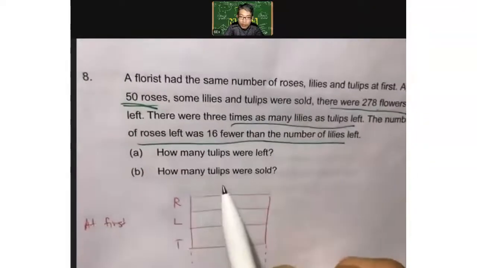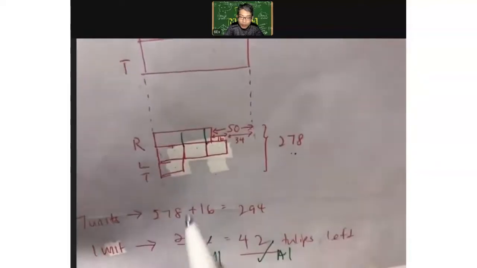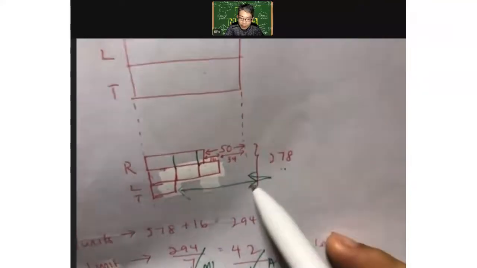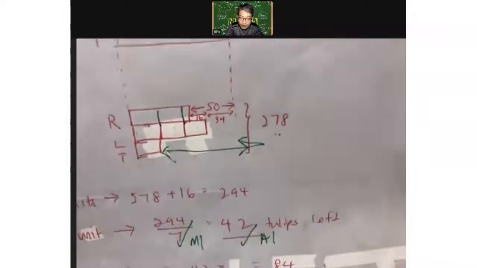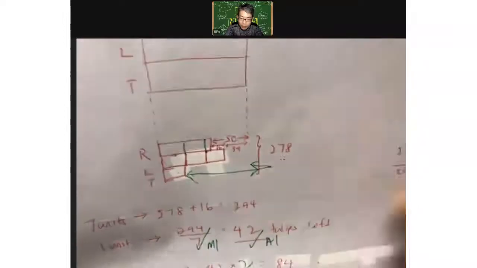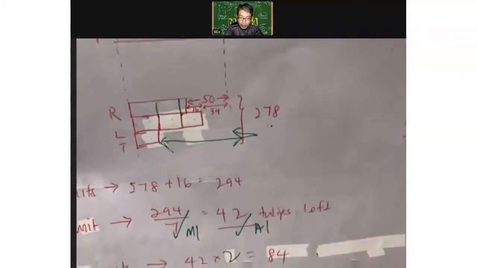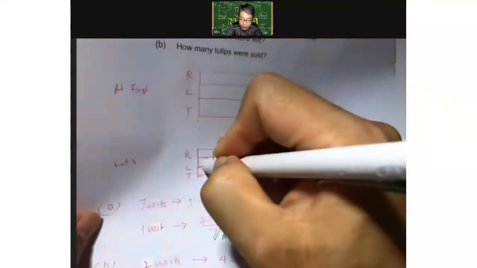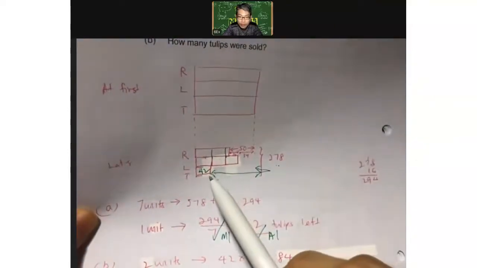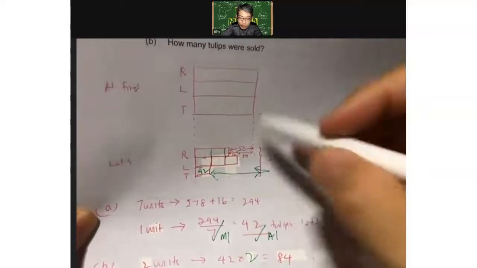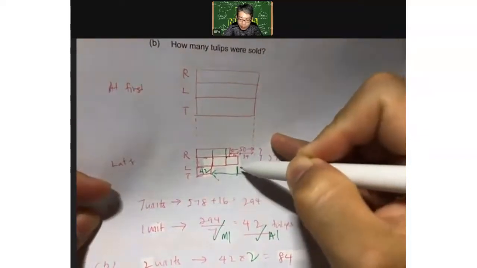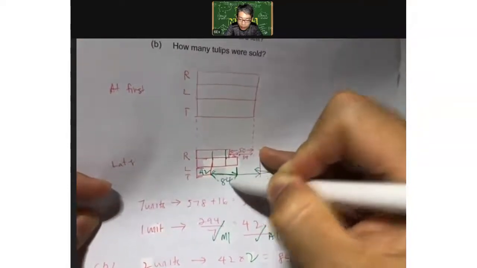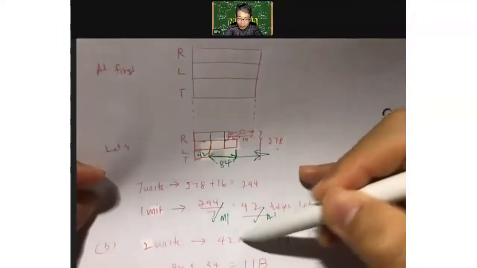Next step, how many tulips were sold? So tulips sold is this part. Okay, up to here, sold. So let me find what is 2 units. 42 times 2. This is 42. Right? 42 tulips left. So why do I find 2 units? So I know that up to this point here is 84. Okay? 42 times 2 is 84.